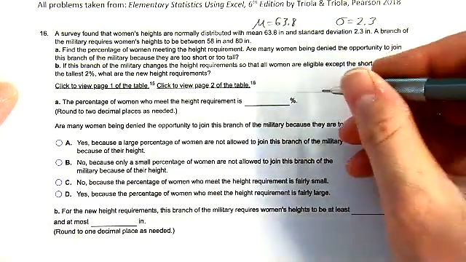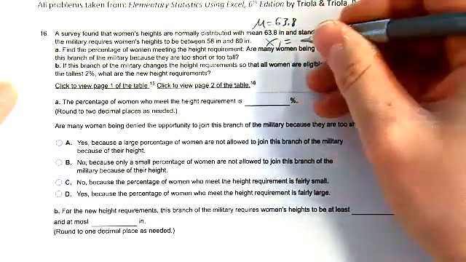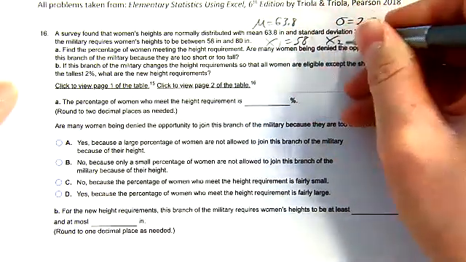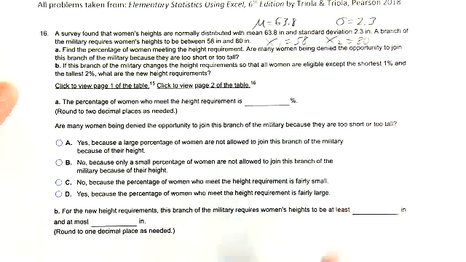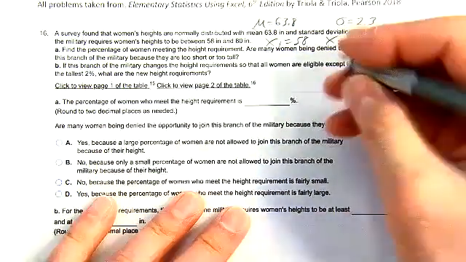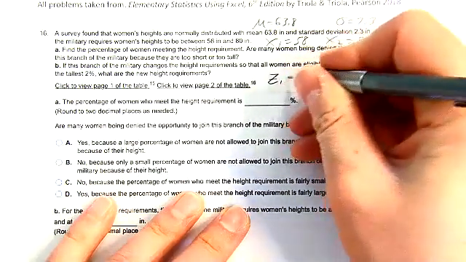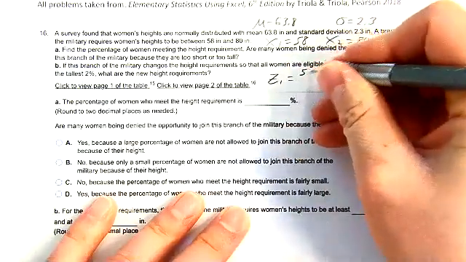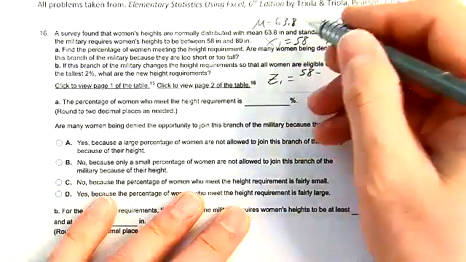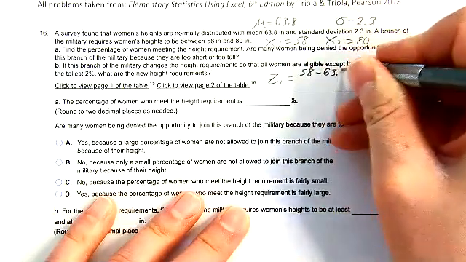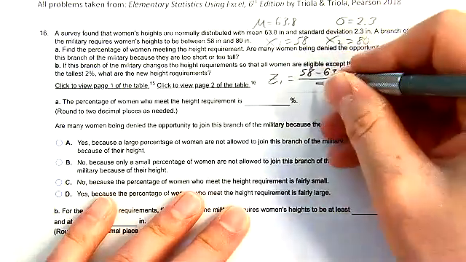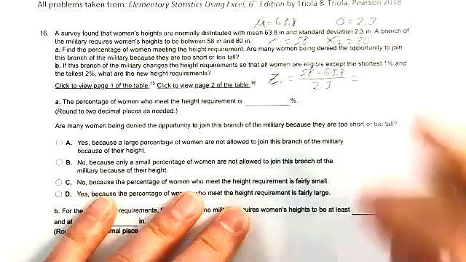So the X values they're interested in are 58 and 80. So let's first convert those to z-scores. So z1 would be x1, 58, minus the mean, which is 63.8, divided by sigma, which is 2.3.